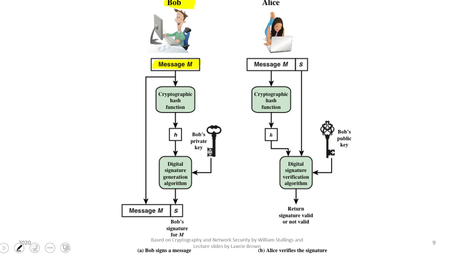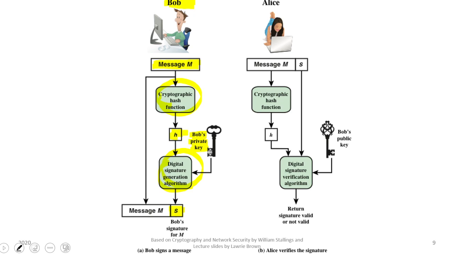Then, after the message is produced, it is sent through a cryptographic hash function to produce a hash. And then that hash will be used as an input to a digital signature generation algorithm, which would also use Bob's private key, which is the secret that is only known to Bob, to generate the signature.